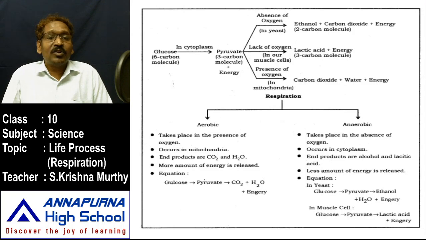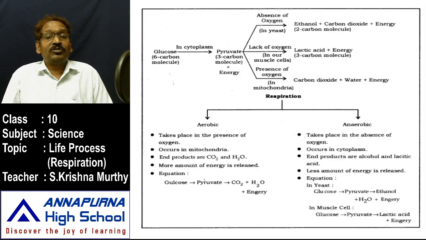Whenever there is no oxygen, in the absence of oxygen, this pyruvate converts into ethanol. What is that? Ethanol is an energy source. The pyruvate is converted into ethanol in the absence of oxygen in the cytoplasm. It happens in the cells of yeast, in the cytoplasm.